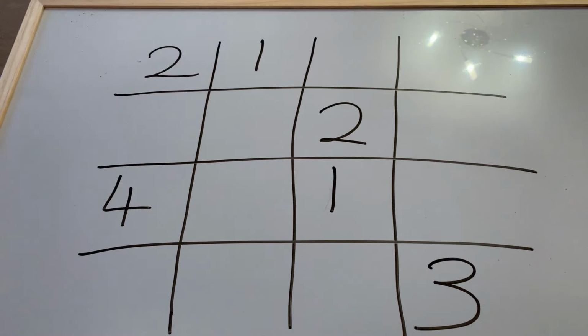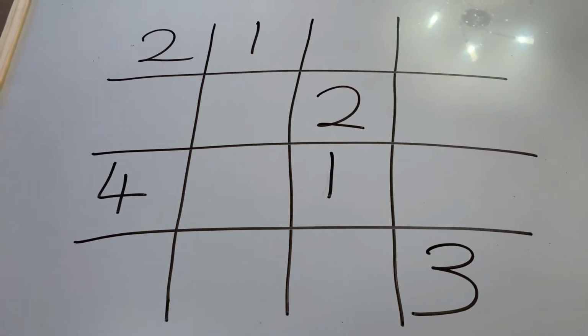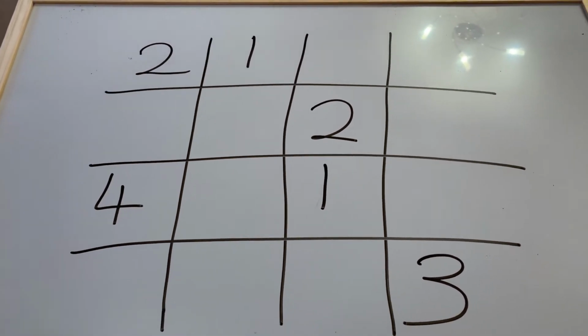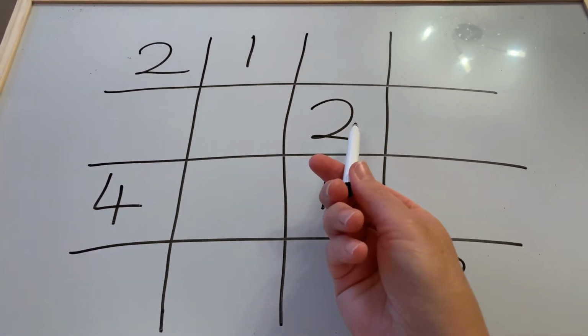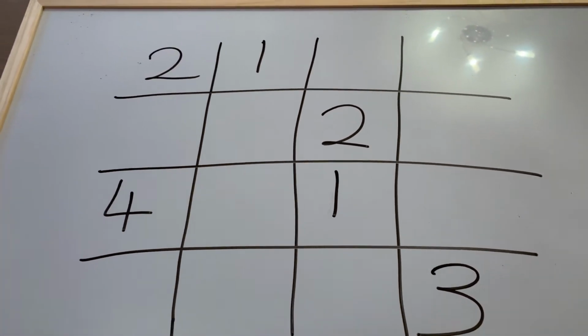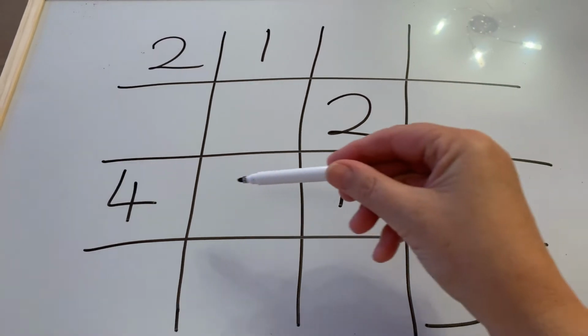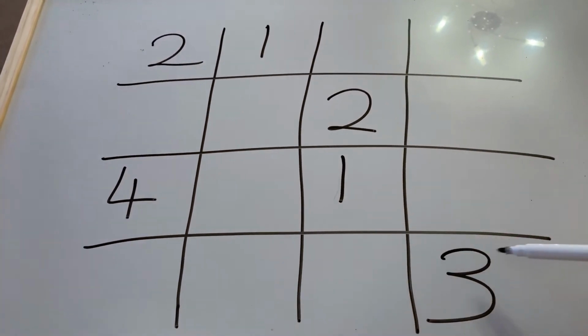Okay, so we've got to put numbers into the missing boxes. Right, so I'm going to look at the number 2, I think, because we've got 2 2s. We've got 1 2 there and 1 2 there, so that really helps. Right, so we've got to now put a 2 into this row and this row.